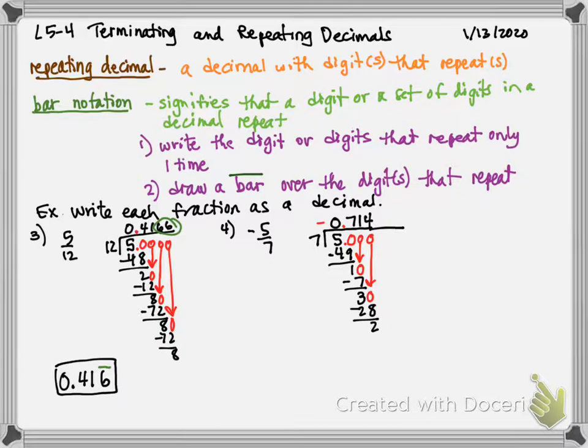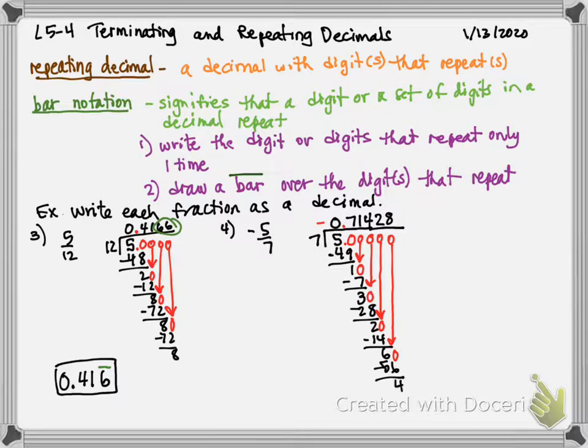It's a funny word. So another annex 0, bring it straight down. 7 goes into 20 twice. 3 would give me 21, so that's too much. So it goes in twice, difference of 14, and we get a difference of 6. Got to annex a 0. 7 goes into 60 eight times, which is 56.